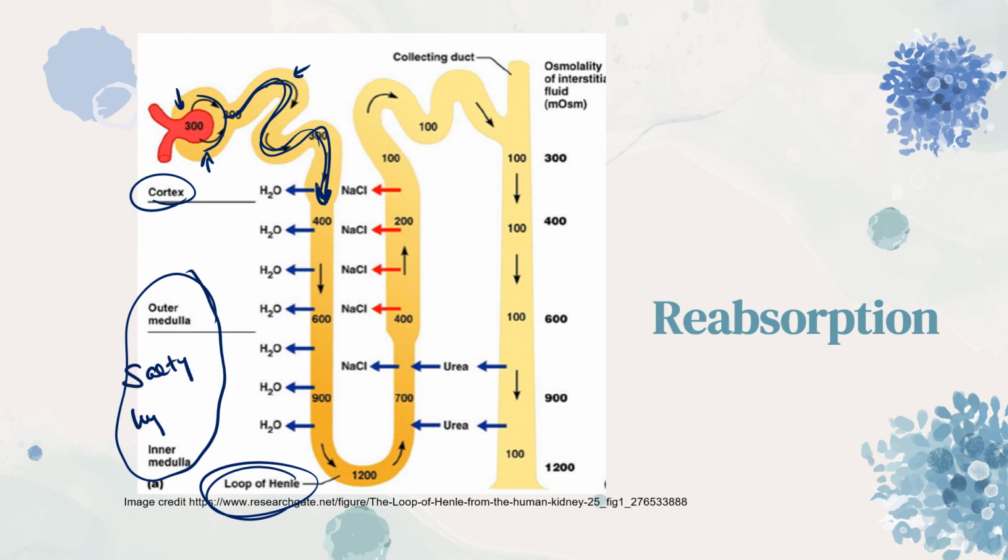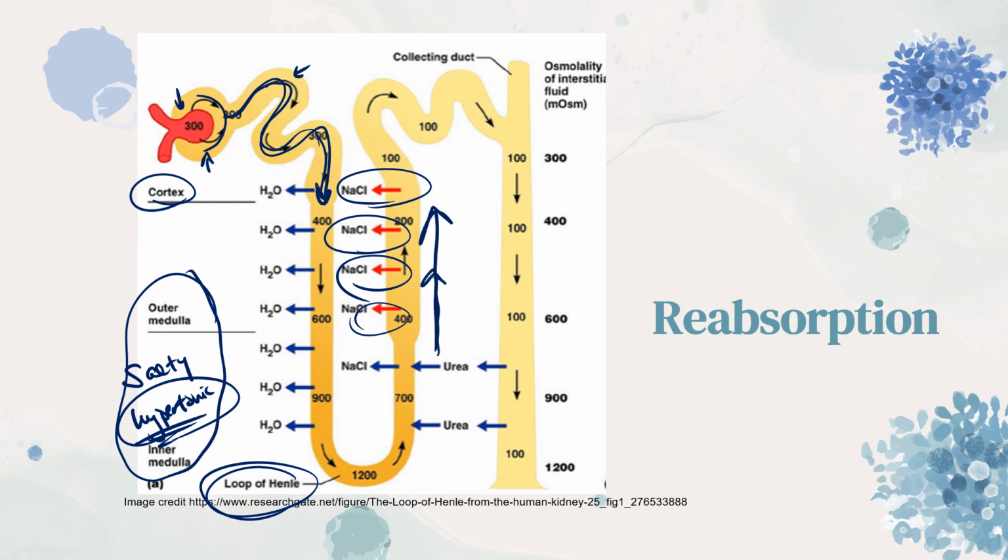It is a hypertonic environment, and that's going to lead to some osmolarity and the movement of water due to that hypertonic environment. How do we get the medulla to be hypertonic? Well, we have some active transport of sodium out of the ascending part of the loop of Henle.